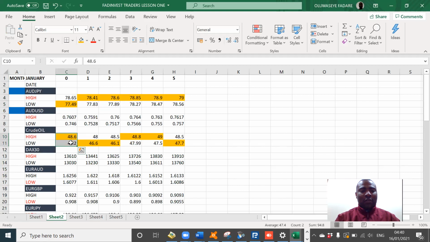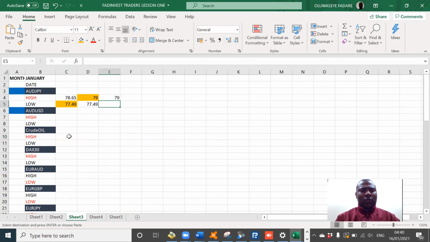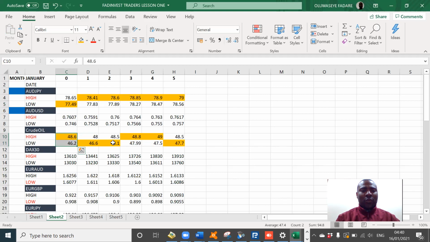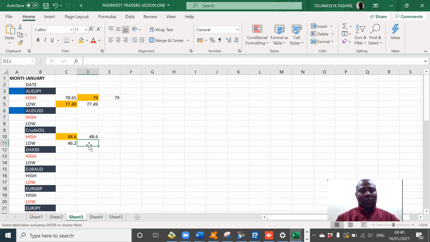So let's look at the next one again. We copy the first day. That's for crude oil. So 46.6, 48.6. So we put it here, 48.6. The next figure we expect is a low. So what low do we have? We have two lows, but this is the lowest one. So we copy this and put it in this column. We copy again 46.1.